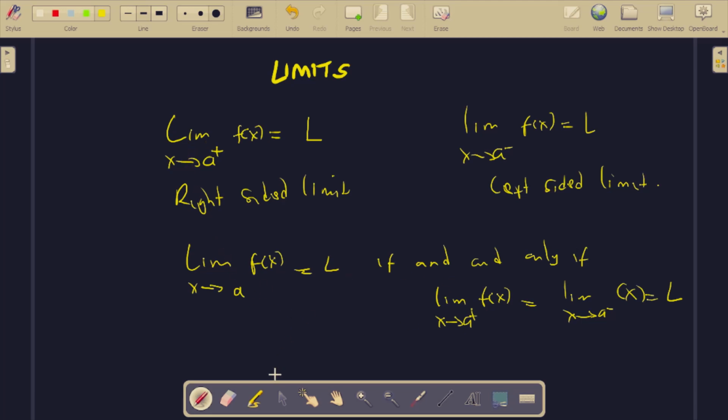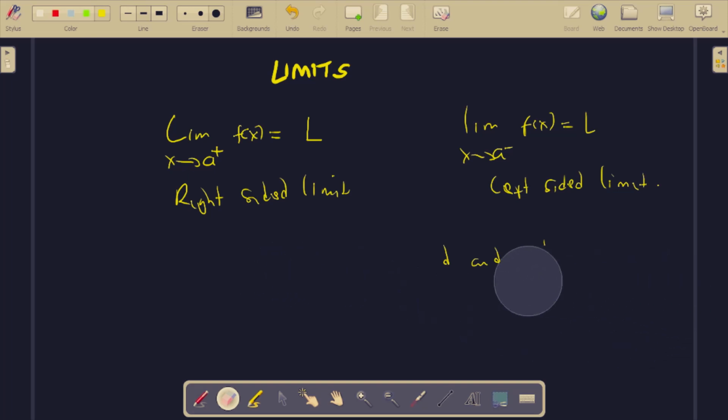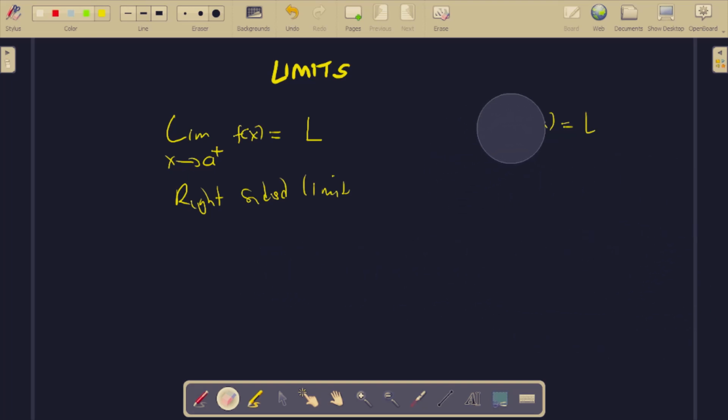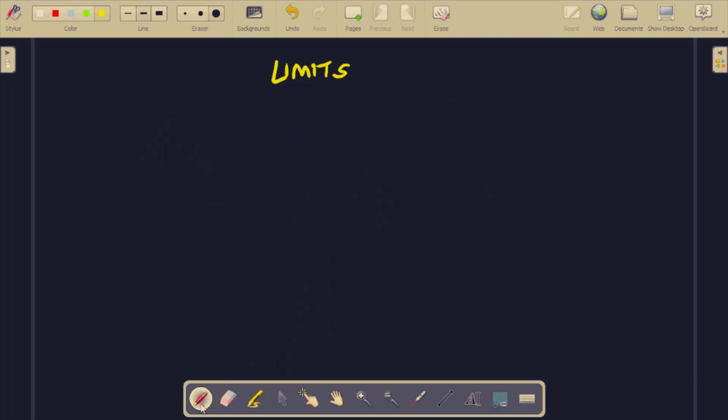Now the beauty of limits is that whenever we have these limits known, we can actually draw our graphs easily. All right, first of all, let me define what is known as a vertical asymptote of a function.